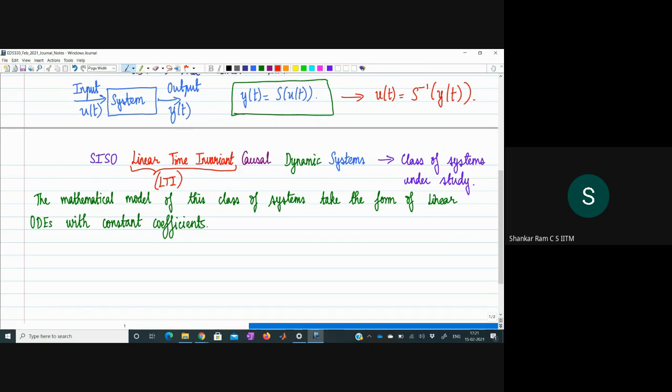It is not going to be pretty straightforward. So that's where we need to learn about control theory, and figure out how to solve this problem in the context of the class of systems that we will study. That is very important.